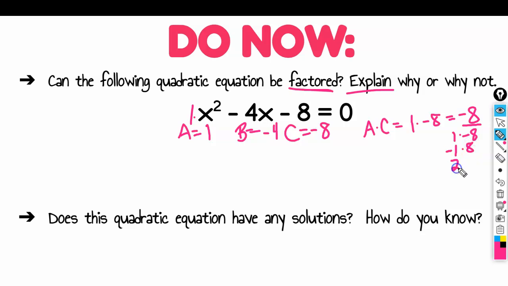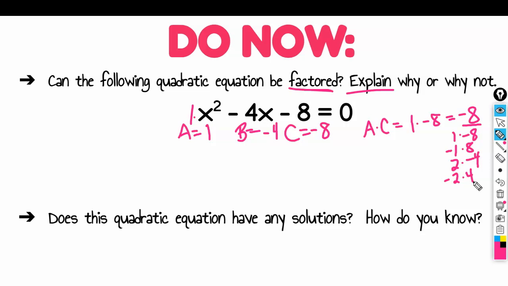And then I have 2 times -4, or -2 times +4. If I check and see if any of these pairs add up to -4, I will find that none of these pairs add to -4.